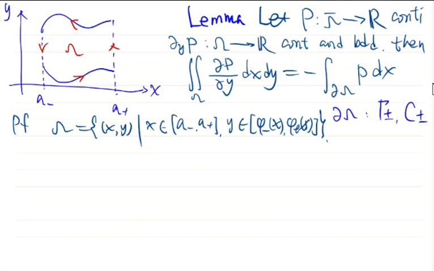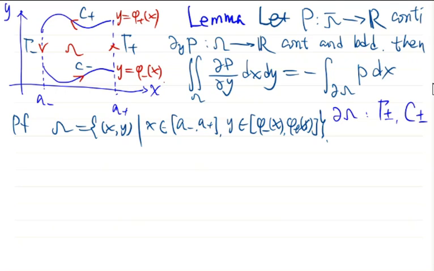Gamma plus and minus are the vertical boundaries. So this is gamma plus, this is gamma minus. And c plus and c minus are the graphs of phi plus and phi minus. C plus is the graph of y equal to phi plus of x. C minus is y equal to phi minus of x.